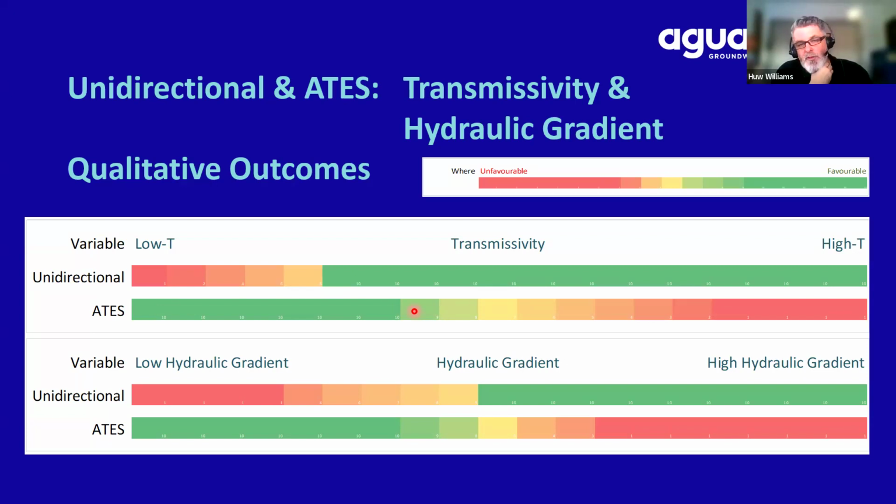If we change the hydraulic gradient, again, we see a flipping of the Goldilocks zones between unidirectional and aquathermal energy storage. With a low gradient aquifer, the water doesn't travel past your site as fast. So the pump and dump, the unidirectional, the plume of water doesn't move away. And we have a problem because we have thermal interference occurring because your plume of water isn't shifting.